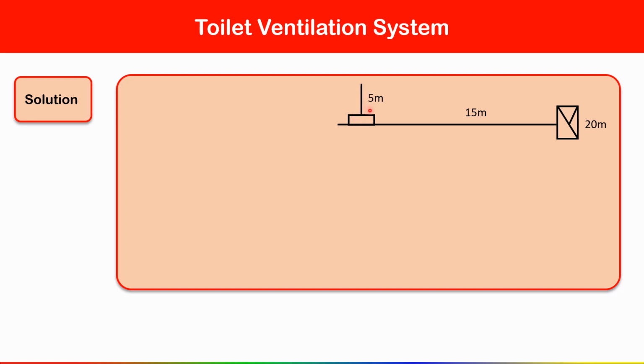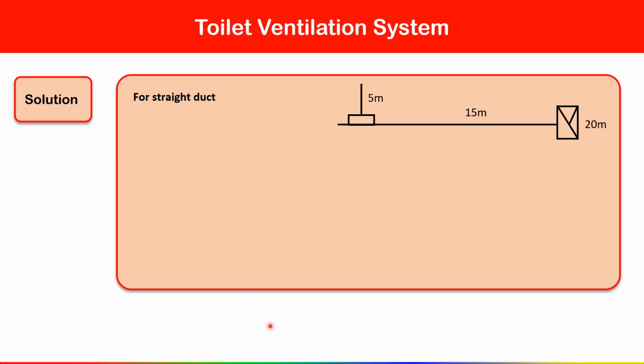The branch duct length is 5 meter, the main duct length is 15 meter, and the duct is going up to the terrace because we have to place the fan on the terrace, so that forcefully we can exhaust the bad odor from the toilet space. The vertical duct length is given as 20 meter. Here we also get one fitting, a 90-degree elbow. So let's see.